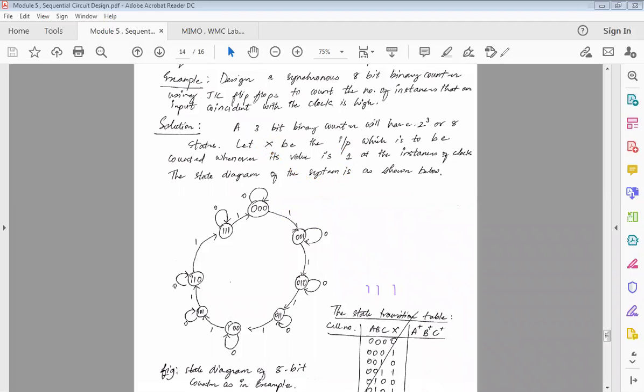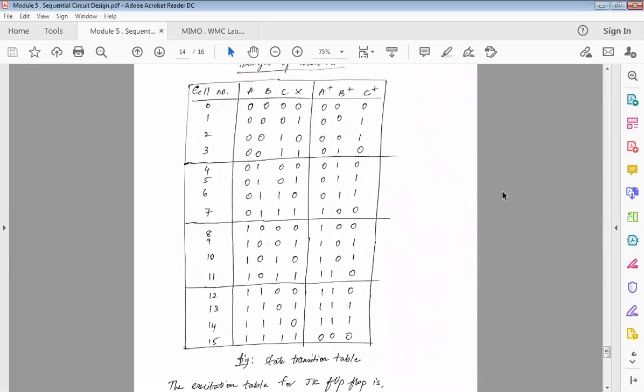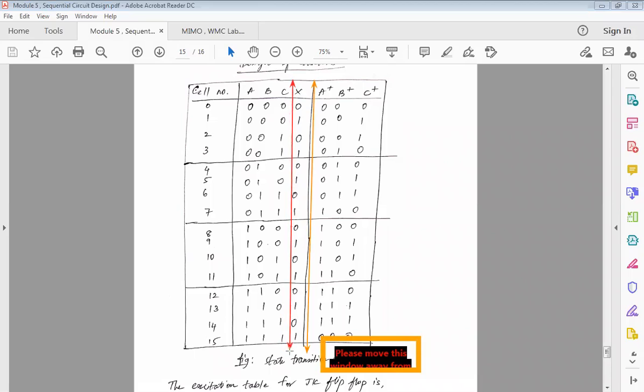So now we will get back to our tabular column and understand how we have got this. I'm just making sure that it will be easy for you to understand.